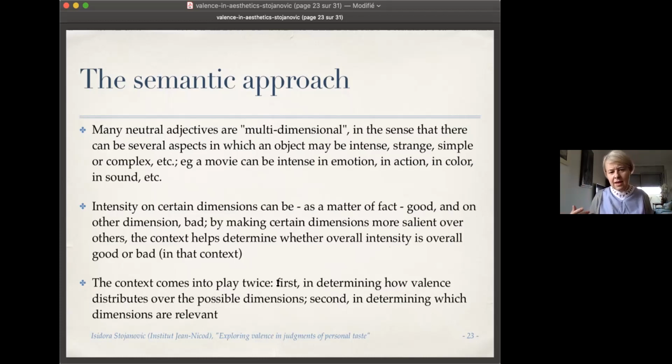And then secondly, the value of intensity over a dimension is again something that is circumstance dependent. So it's not the property itself that gives you the value, as it were, but whether in the relevant circumstances, this sort of property is a good one. So the context comes into play twice.